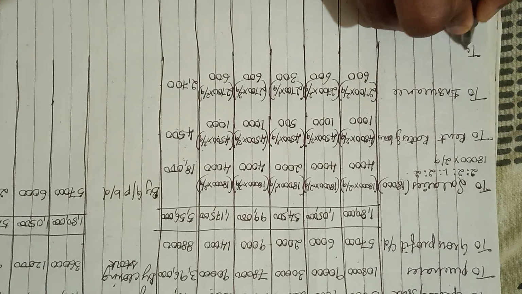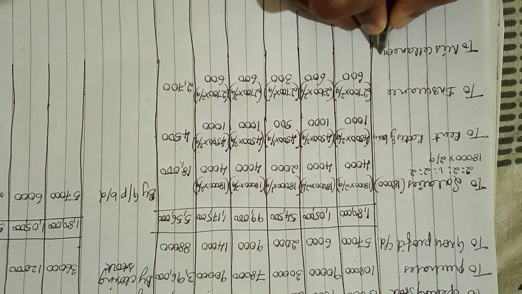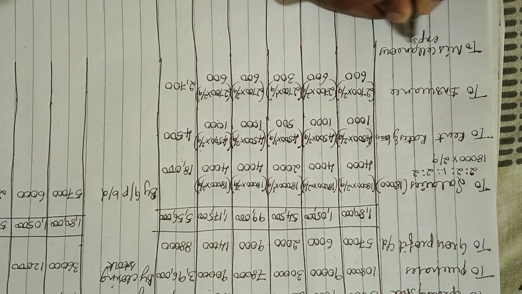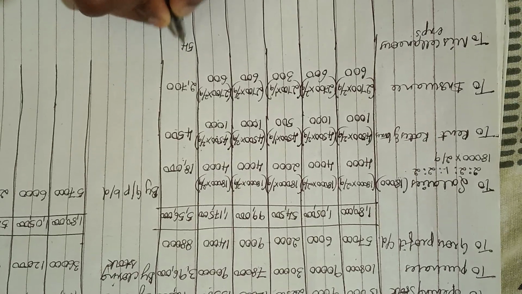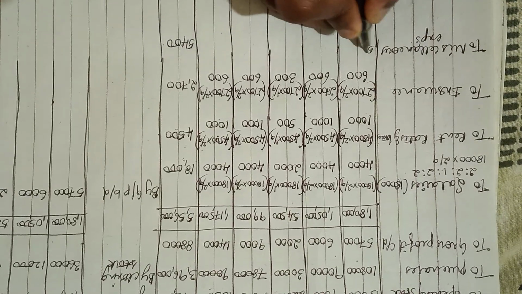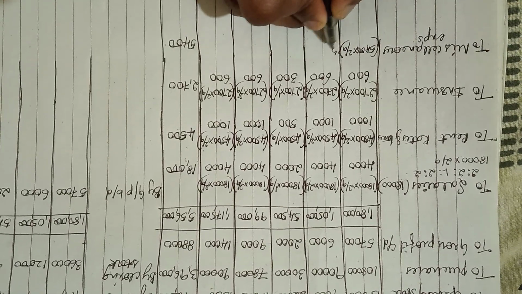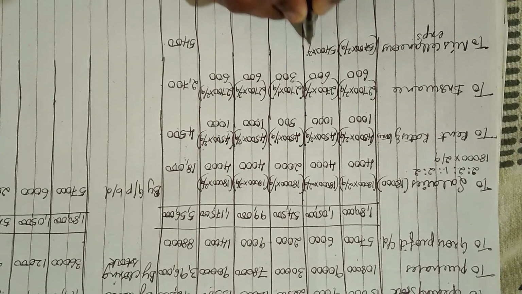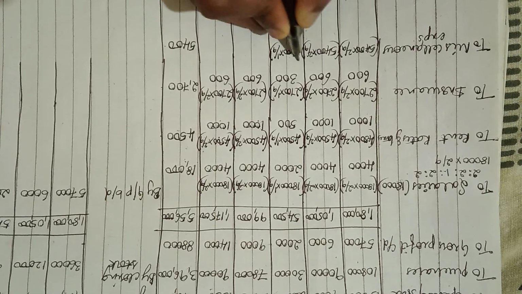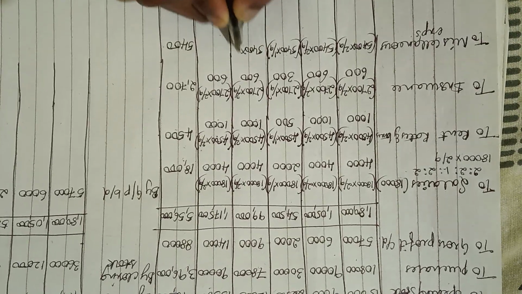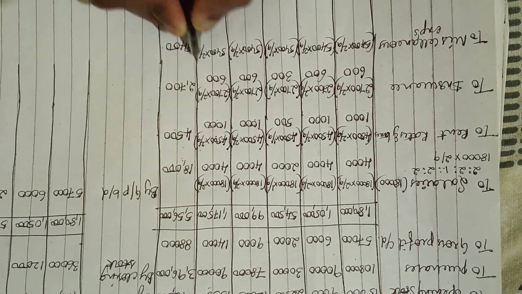Okay, next is miscellaneous expenses. What is the amount given? 5,400. So again, divide this 5,400 into 2 by 9, 5,400 into 2 by 9 again, 5,400 into 1 by 9, 5,400 into 2 by 9 and 5,400 into 2 by 9.